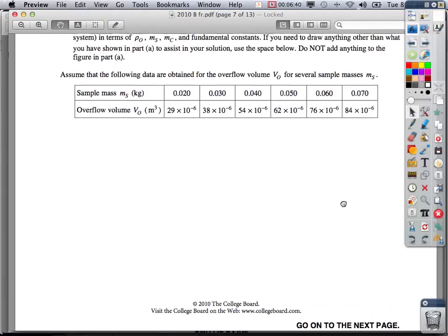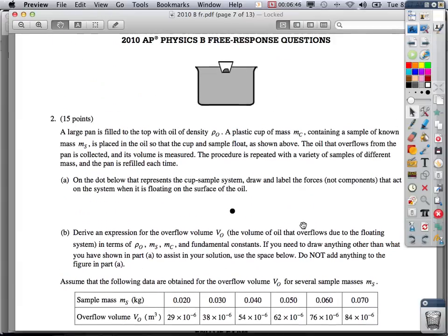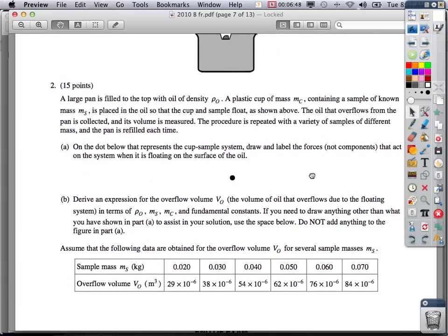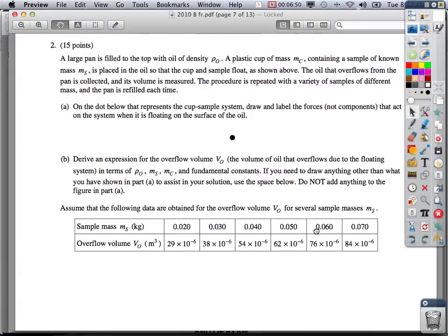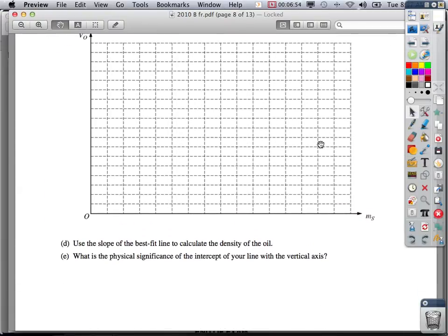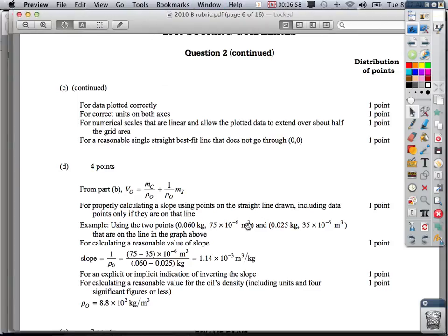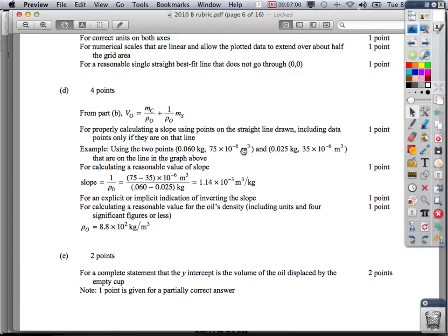Is this actually mass of the stone or mass of the sample mass? The sample mass includes the cup, right? But did they tell us the mass of the cup? Okay, and this is sample mass. Okay, so if we take a look here, they're saying the volume.